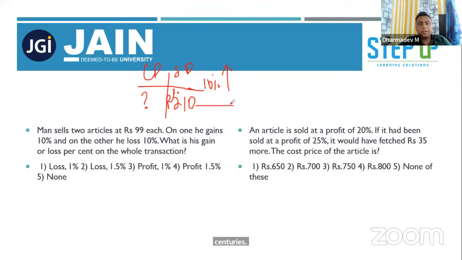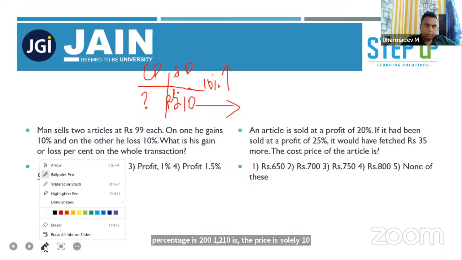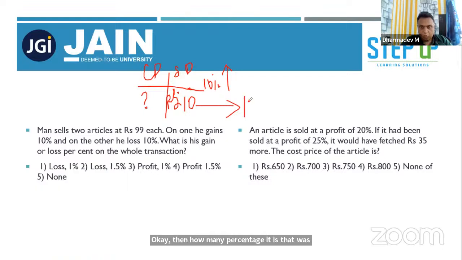Now, how many percentage is 210? 210 is the price, sold with 10 percentage profit. Then how many percentage is it? That was good. 110. Now let me say that this is sold with 10 percentage loss.